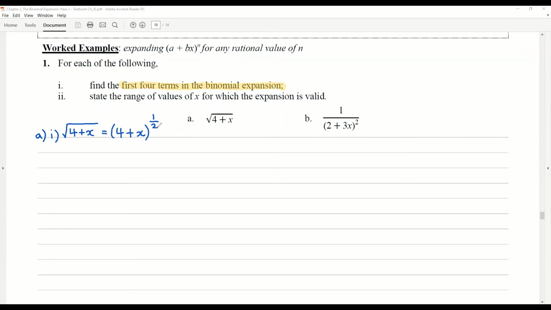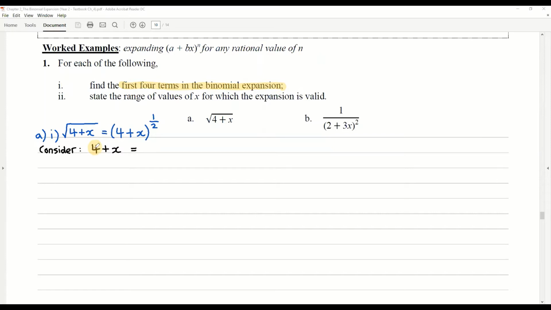Now we've got that, as we did earlier, I just want us to consider, first of all, 4 plus x. And we need to create a constant term of 1 to replace this 4, and we do it by a factorization. So whatever that value is, like what I've just highlighted there, that has to be factored out.